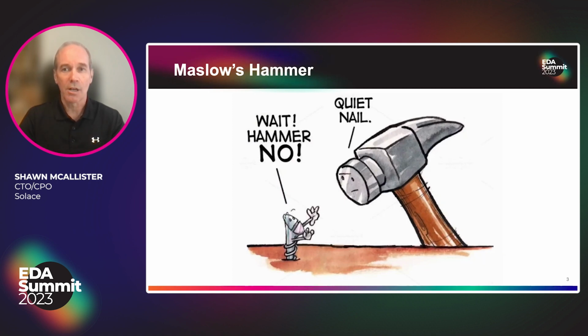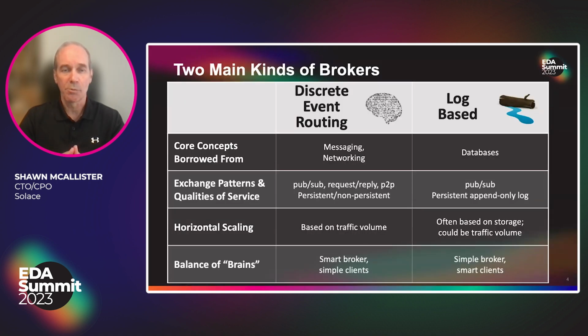Let me first talk about the different types of event brokers. I'm going to split them up into two categories: the discrete event routing brokers, which route discrete events to applications so that applications see exactly the types of events that they're interested in and no more, as compared to the log-based event brokers that send streams of information to their client applications.